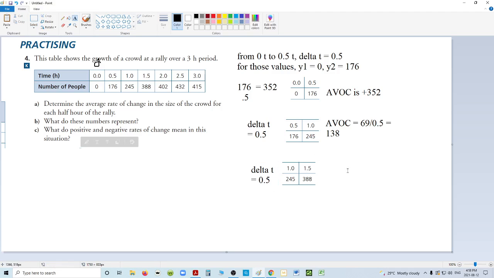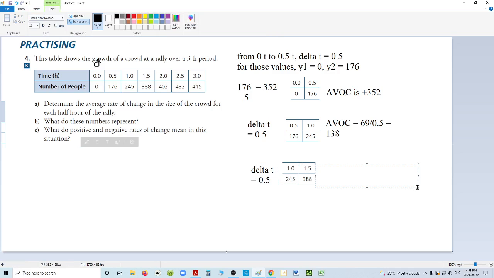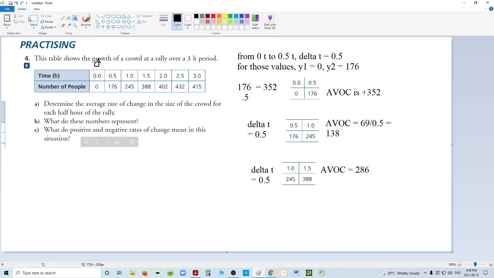Which means the delta t is still always 0.5, and the delta y here is going to be 388 minus 245, which is equal to 143, which means the average rate of change is going to be 143 divided by 0.5, which is delta y divided by delta x, which is 286. So the average rate of change is 286 for that interval. And you notice over and over again the delta t is the same. And then they ask you to do it again.